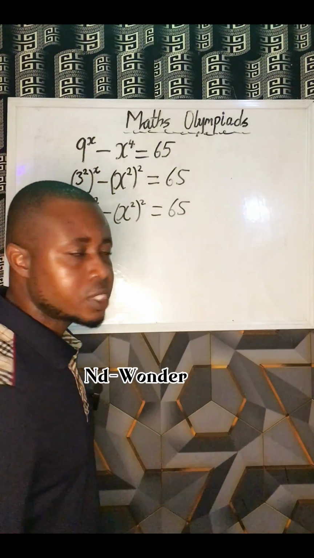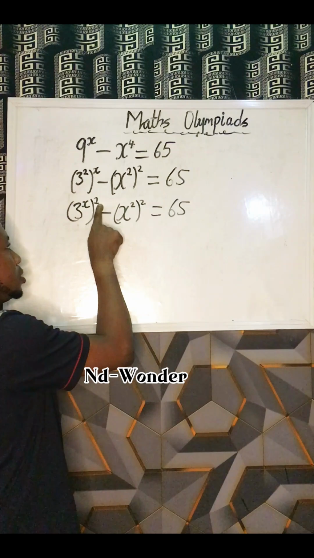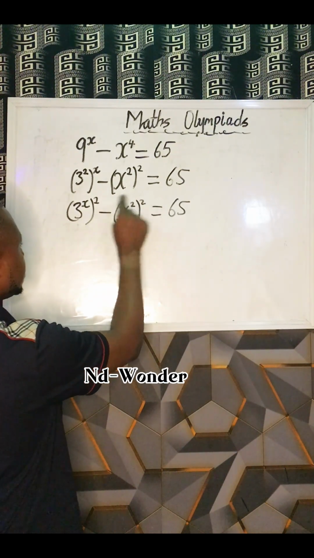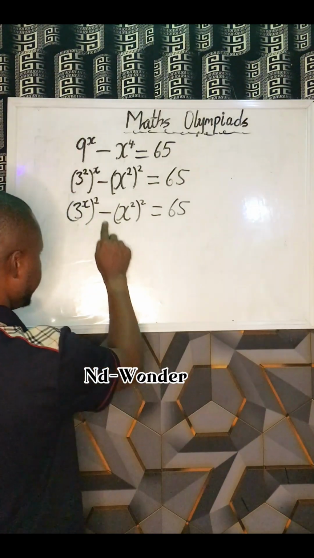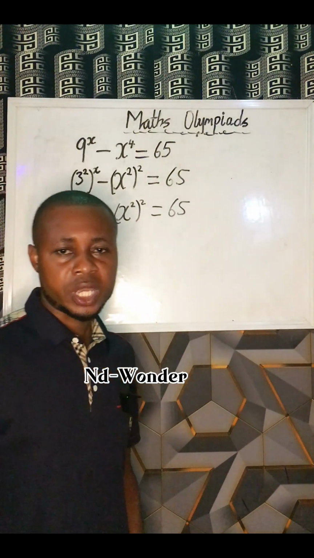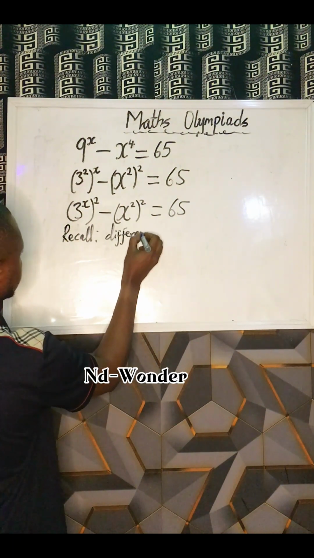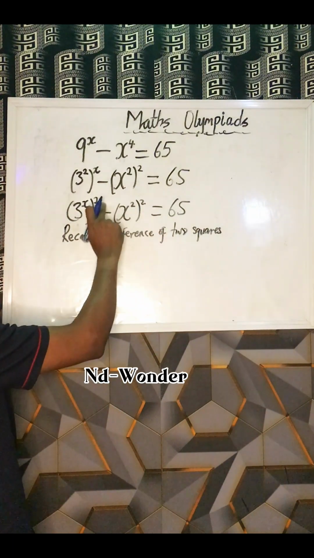Now if you observe this carefully, you see that there is something similar to what I'm having there, isn't it? I know these things are separated by minus. Yes, this is being squared, this is being squared.